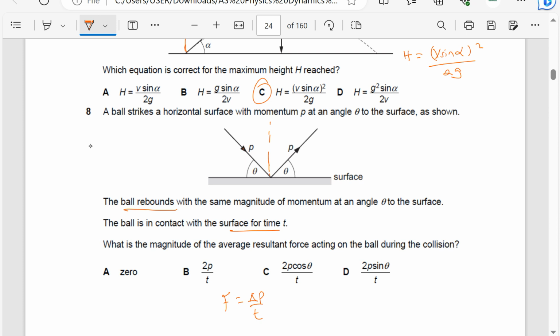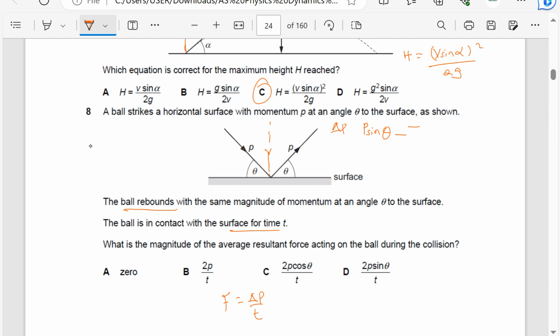The first p in the vertical is going to point downwards and be p sine theta. I'm resolving p vertically, then it points downwards. Then when it rebounds, the other will be negative.